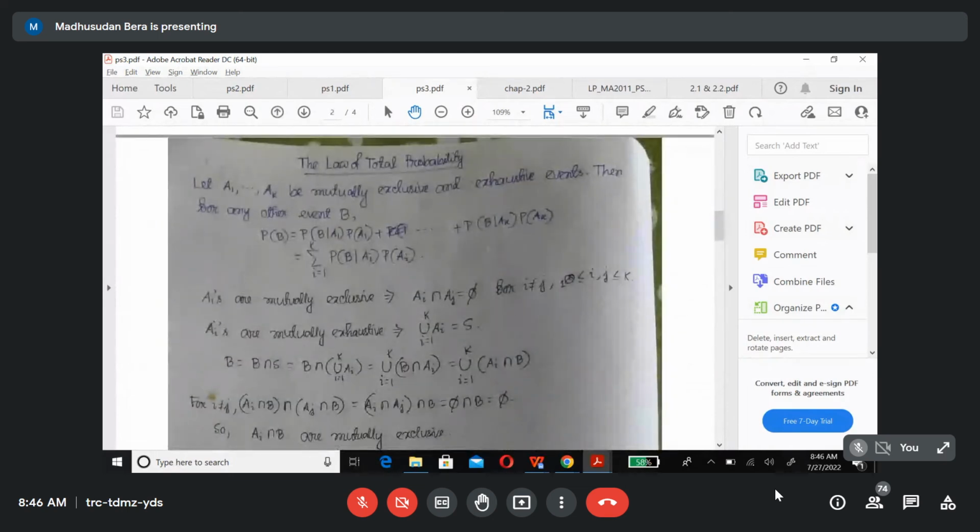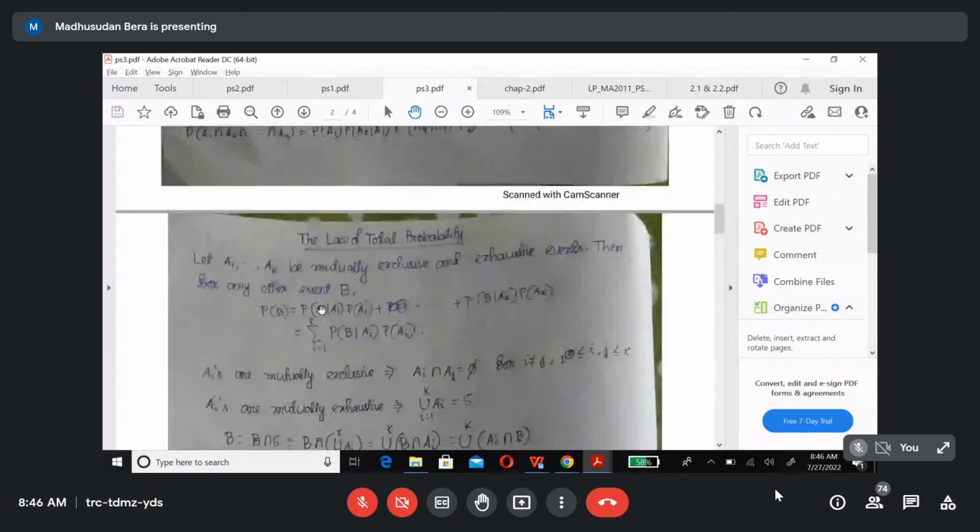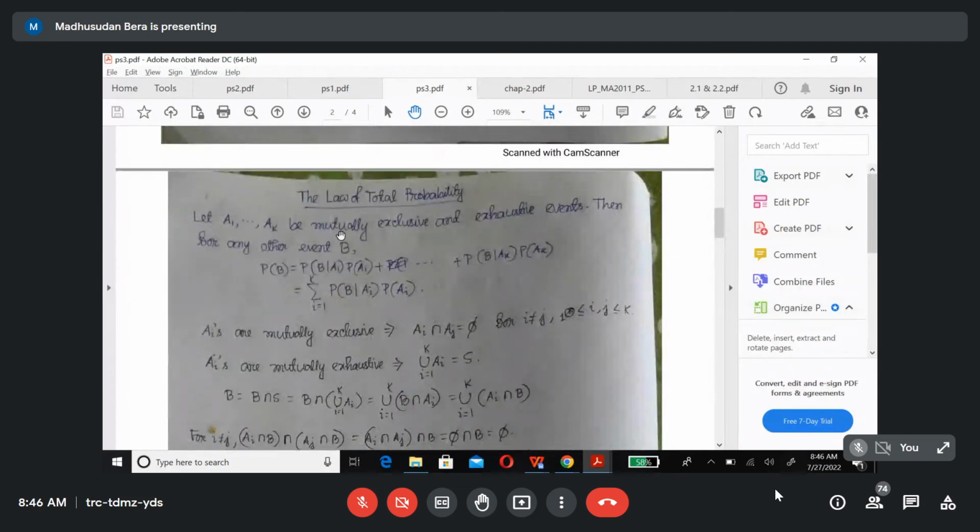If A1, A2, up to AK are a mutually exclusive and exhaustive set of events, then for any event B, the probability of B can be obtained by this formula: P of B given A1 into P of A1, plus P of B given A2 into P of A2, that way up to P of B given AK into P of AK.